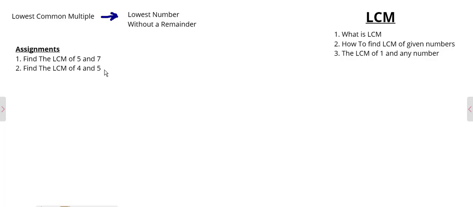All you need to do is apply the same method we used in getting the LCM of our previous examples, and then take a screenshot of it and drop it in the comment section, or drop your final answer.